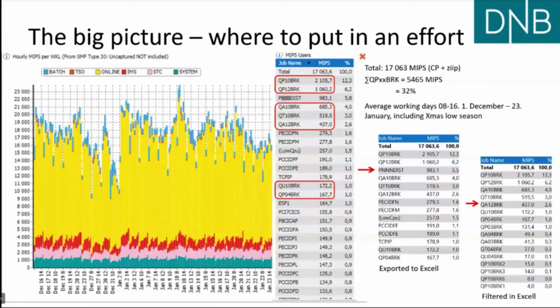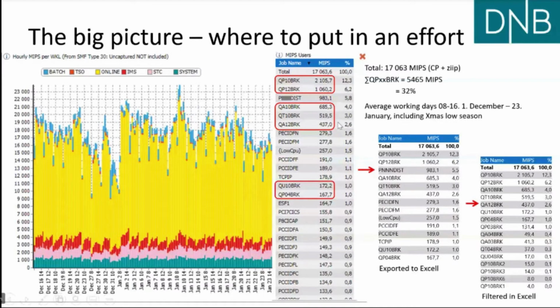To me, CPU and MIPS is like liters and gallons of gasoline. Because I always work in the same machines, I just calculated it. So here we see we have some processes, QP and QA and QP, something BRK, and those are brokers. This is some integration software from IBM.